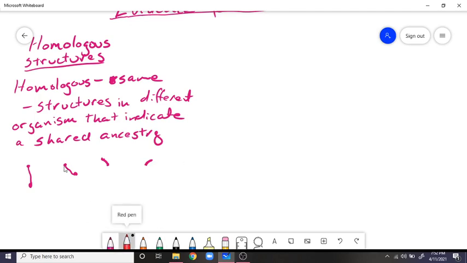So the little sketch that I'm giving you right now is the forelimb of 4 very different organisms, from their bone structures.